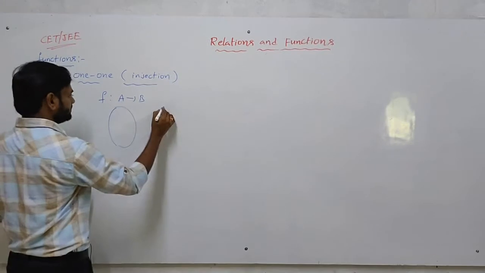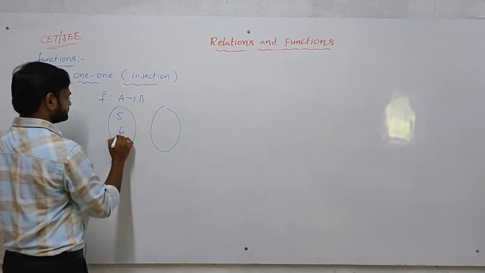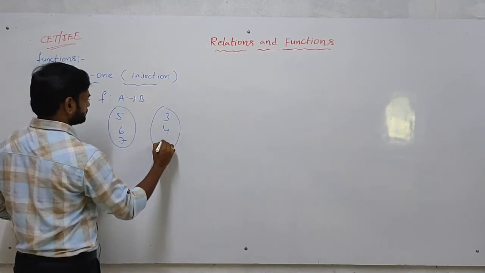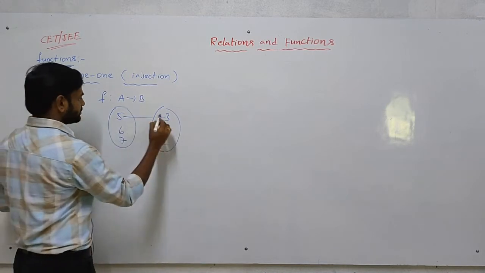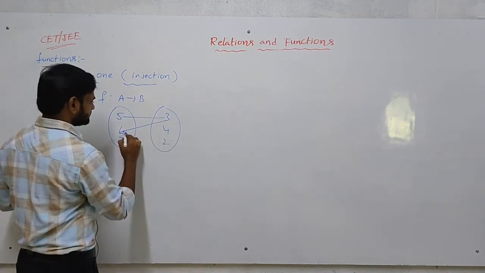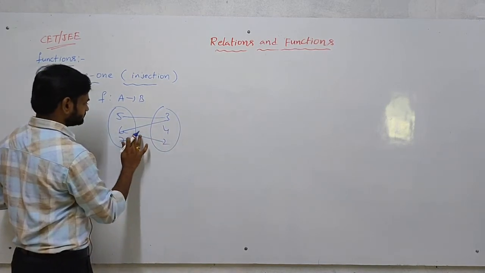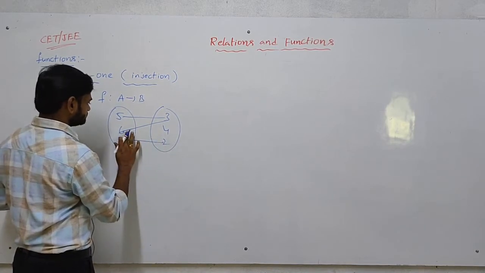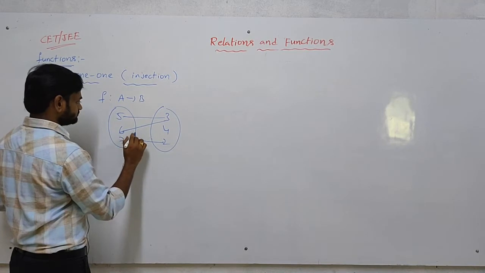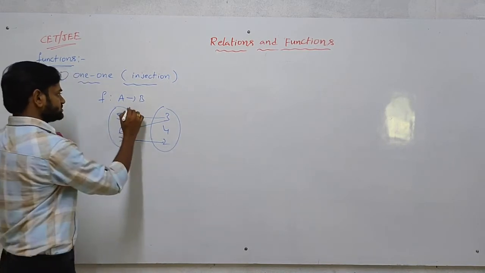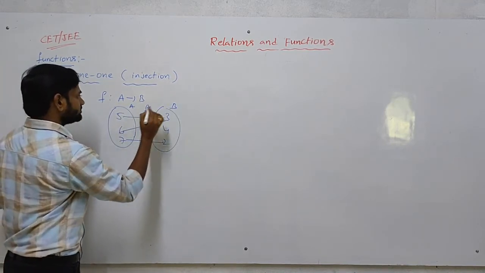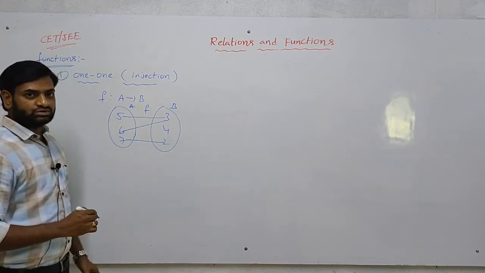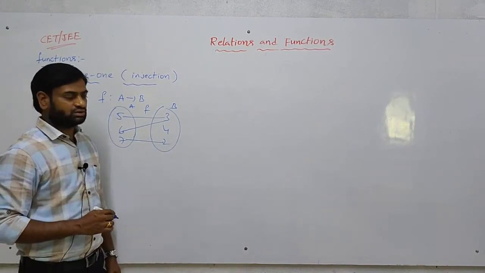See here an example. Suppose I am taking a mapping like this. This is A, this is B, and it is a function. Now, can you say this function is one-one? No, we can't.